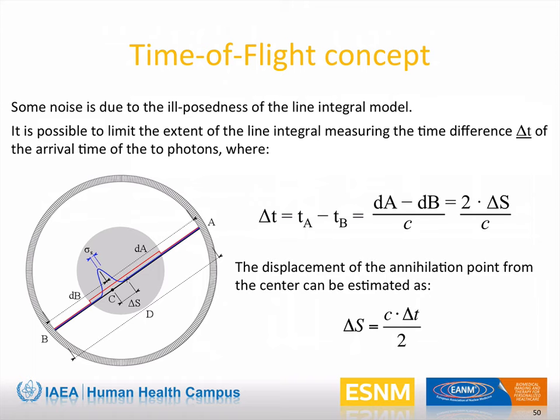Hence, if one measures delta t with infinite precision, one obtains the exact delta s and the values dA and dB, thus exactly locating the positron annihilation in 3 dimensions.